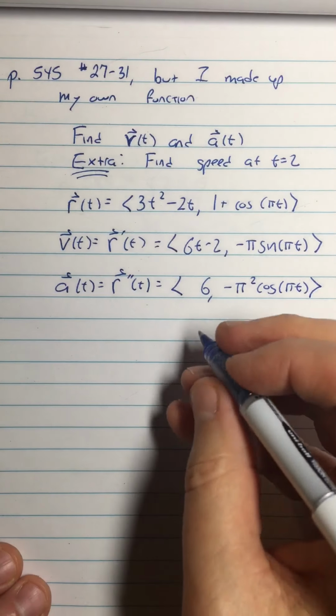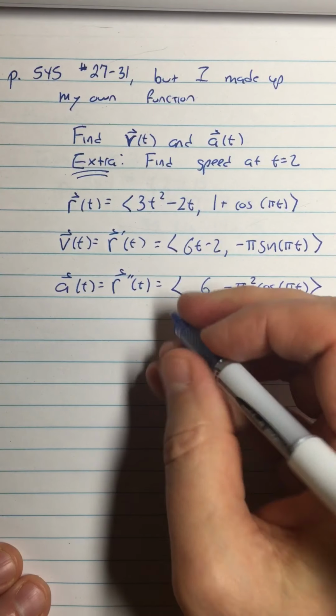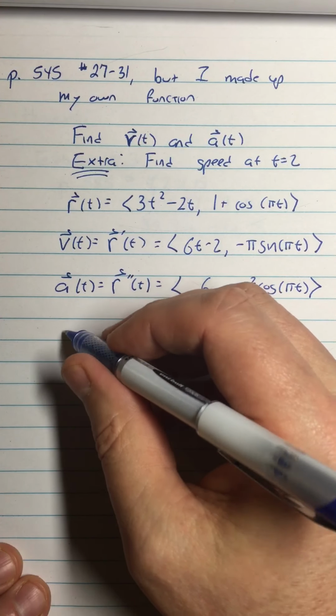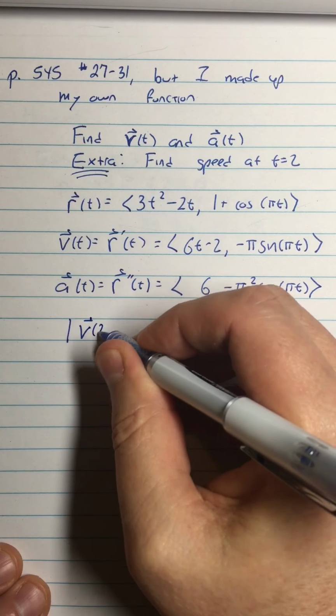Easy peasy. All right, here's my extra bit. Find the speed at time t equals 2. That's the magnitude of the velocity vector at 2.